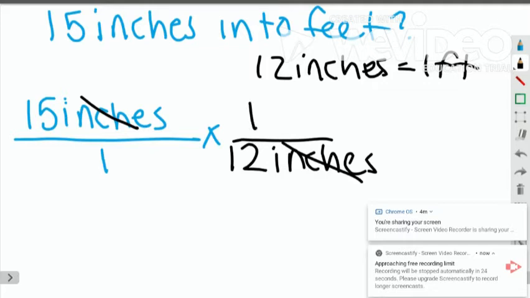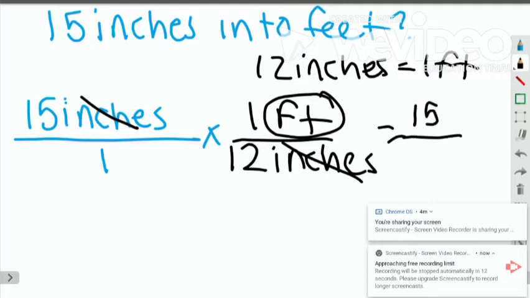We then would have 1 foot on top because 12 inches equals 1 foot. This is our desired unit. They would cancel out, and we would have an answer. If we put it in the calculator, we would multiply across, divide down. Our answer would be 1.25 feet.